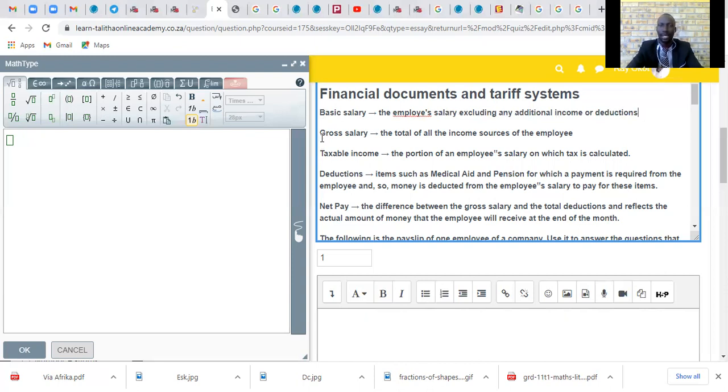Now, the next thing here is called the gross salary. The gross salary, by definition, is the total of all the income sources of the employee. So the gross salary refers to the amount of money or the income that you receive.